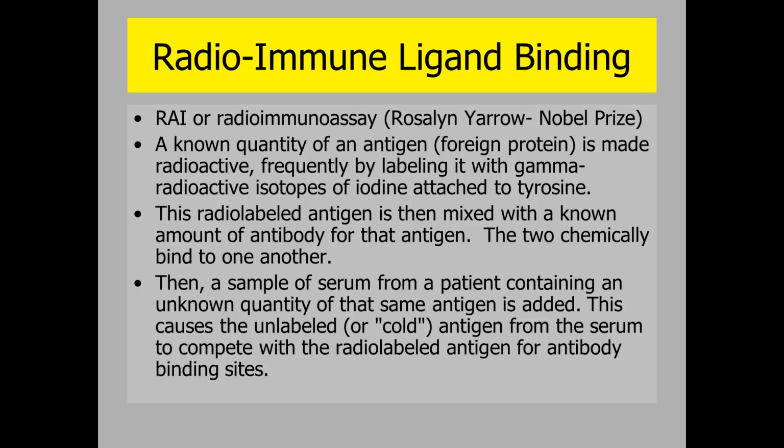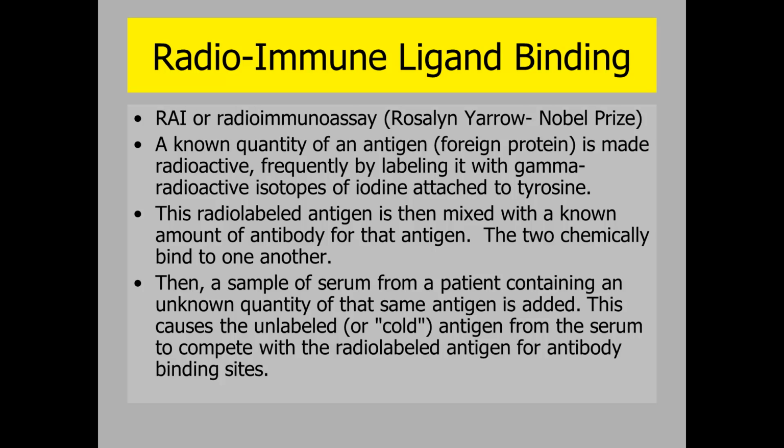And so the way this works is that a known quantity of an antigen or a foreign protein is made radioactive, and then you can label it with gamma radioactive isotopes of iodine that are attached to a tyrosine. So you make a radioactive foreign protein, and then this radio-labeled antigen is mixed with a known amount of antibody to that antigen, and the two chemically bind each other.